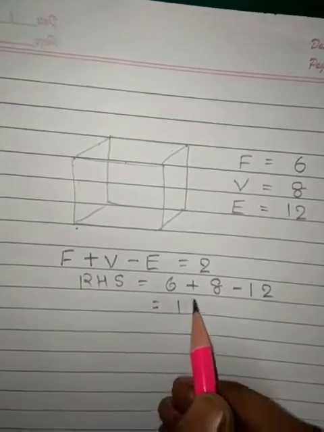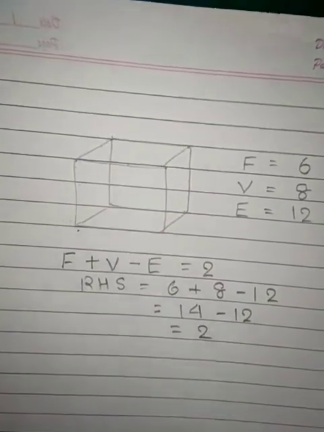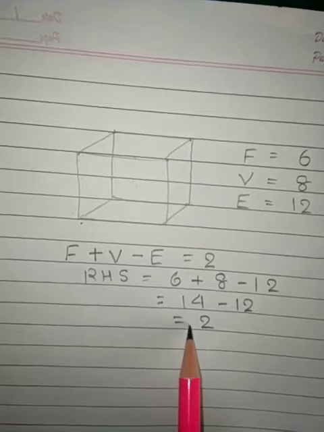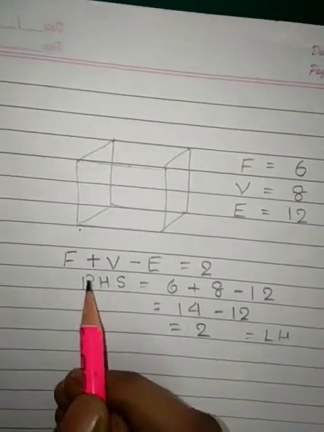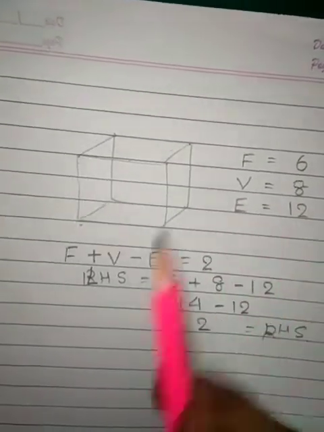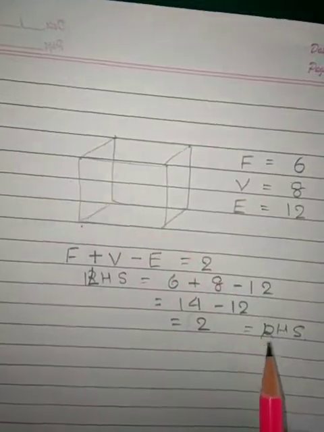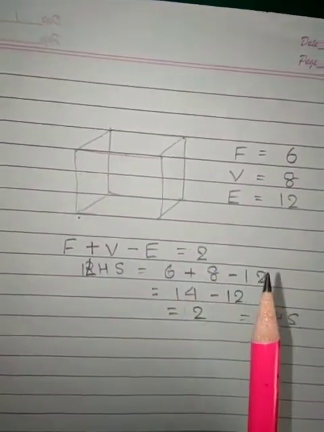So 6 plus 8 is 14. 14 minus 12, that is equal to 2. Okay. So this is the LHS side and this is equal to the RHS side. So like this we can say that Euler's formula is proved. So the cube will be considered as a polyhedron.